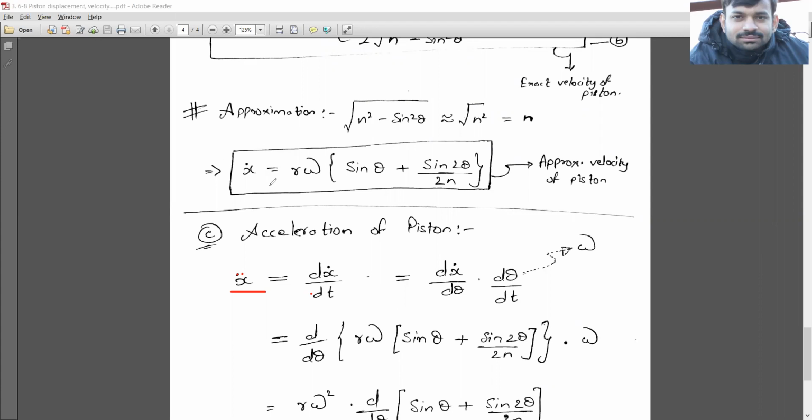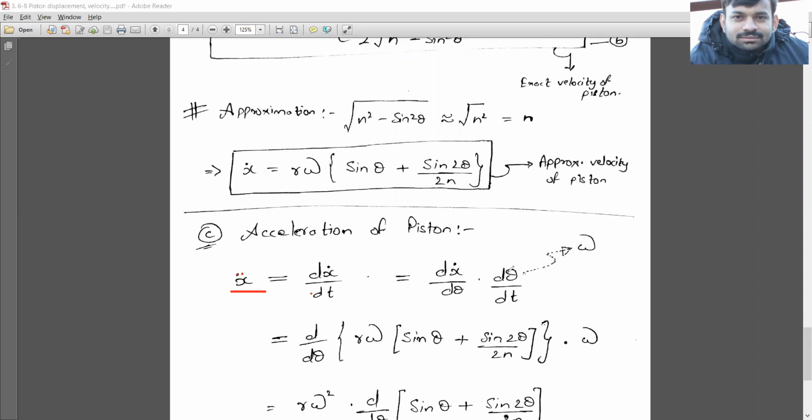Again, there is no time term in this equation of velocity. So we'll do the differentiation in terms of theta, that is angular displacement. Okay, so this equation can be written as d x dot by d theta into d theta by dt. Again, this d theta by dt is nothing but angular velocity. Why?